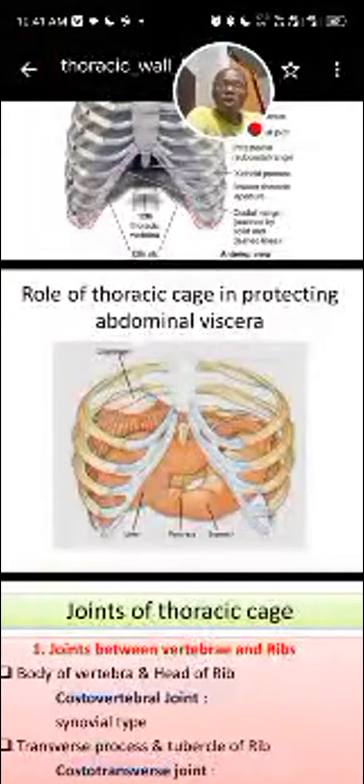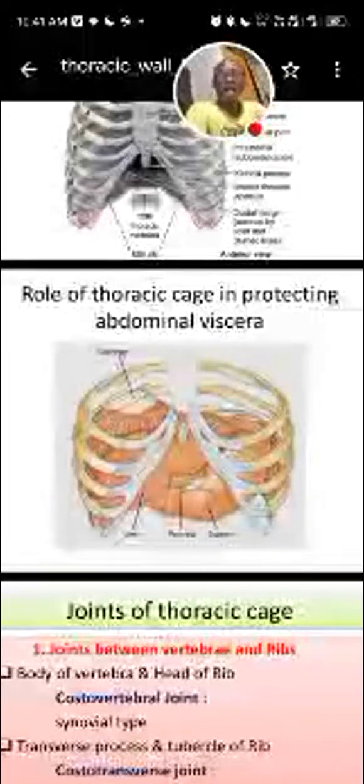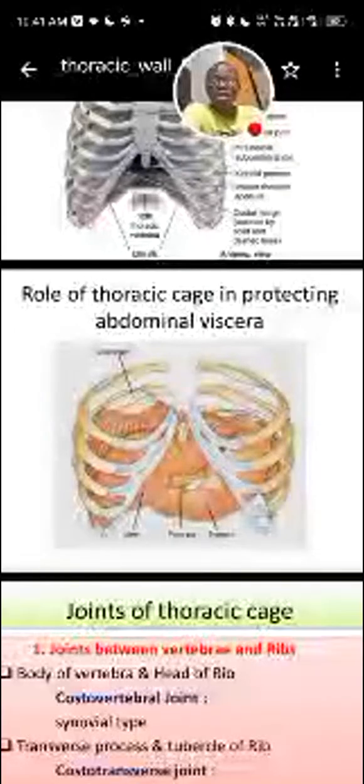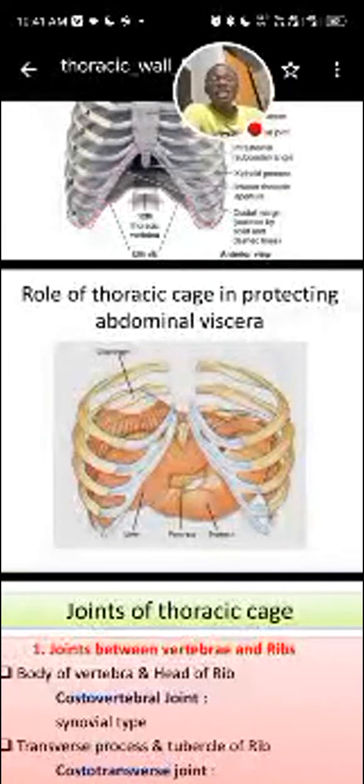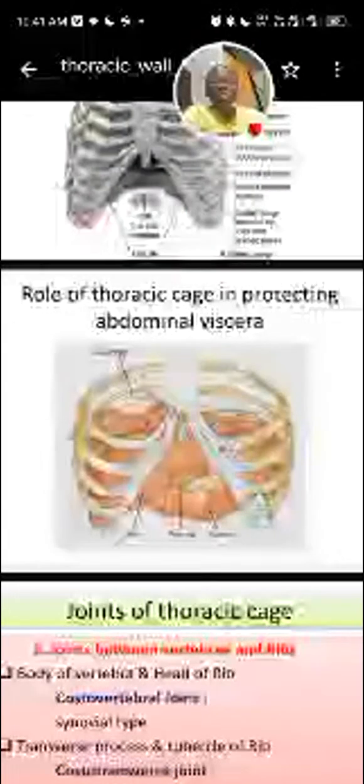What else do we have? We've divided the thoracic wall into 2 muscles, extrinsic and intercostal. Then the extrinsic, we mentioned the 11 muscles.